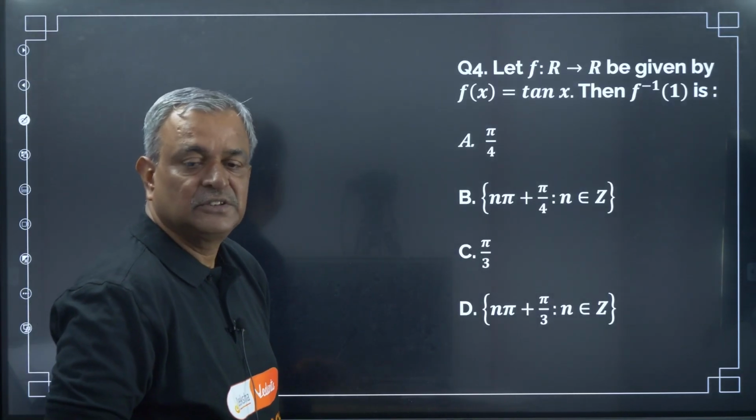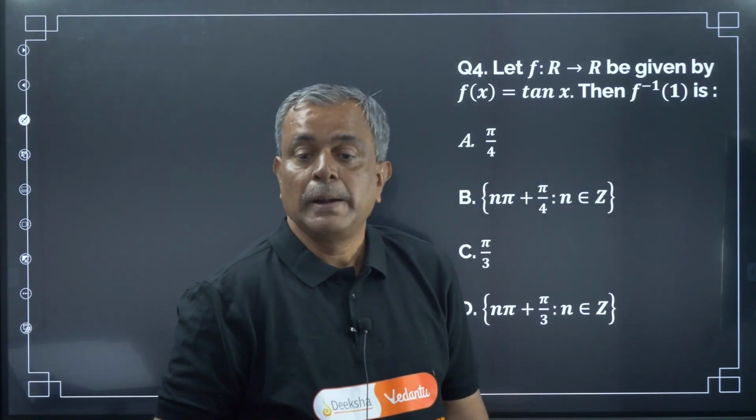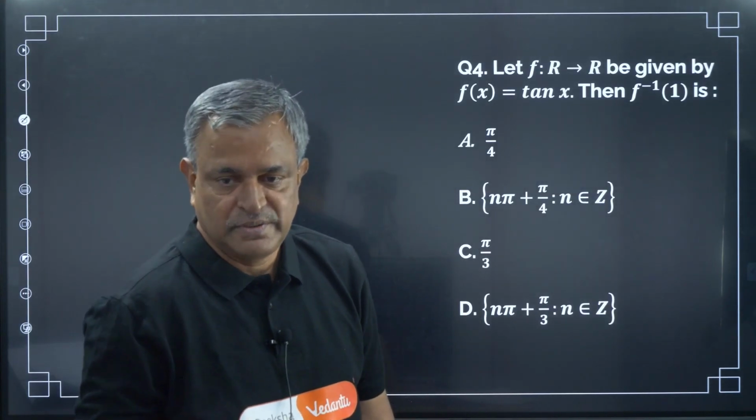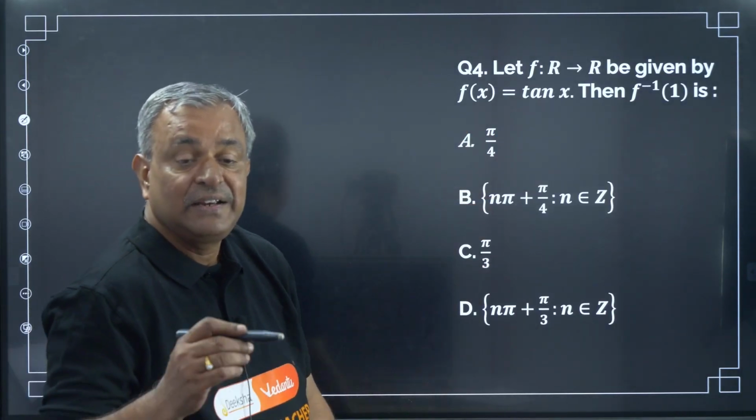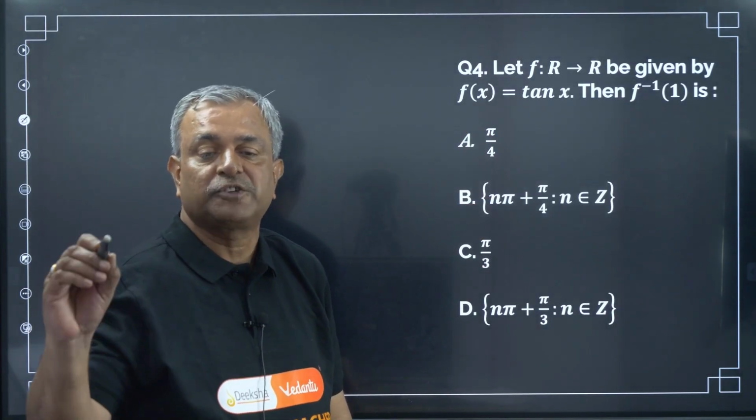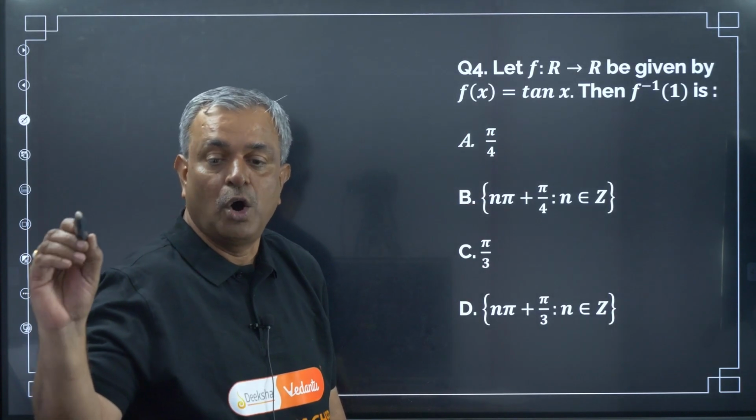Actually speaking, this problem is wrong, but I'll discuss what the examiner wants. For a function from real numbers to real numbers, f of x, an inverse is only possible when it is 1-1 onto.